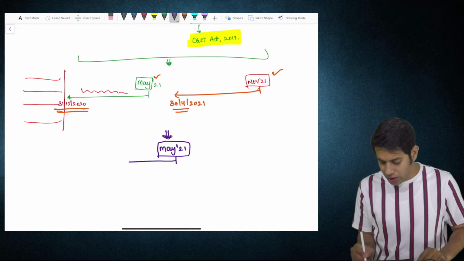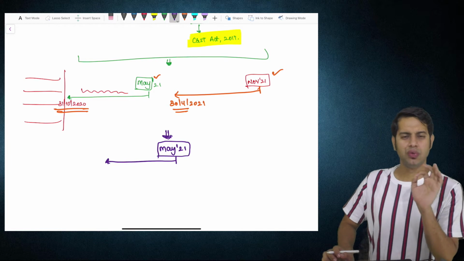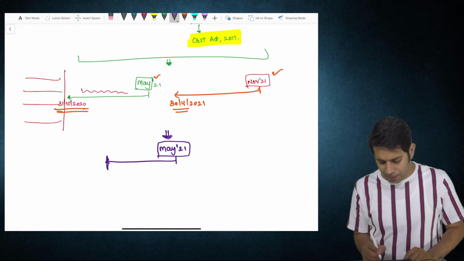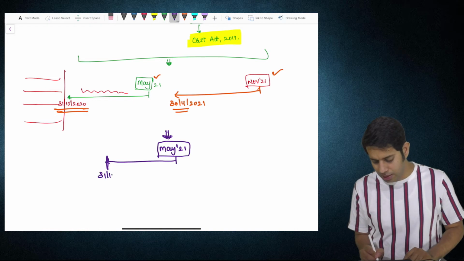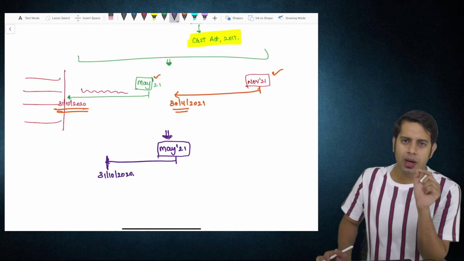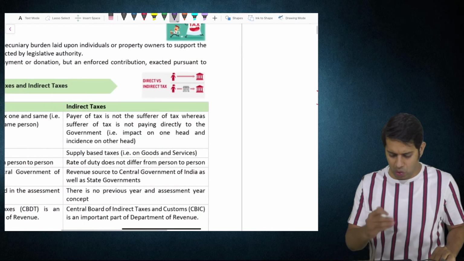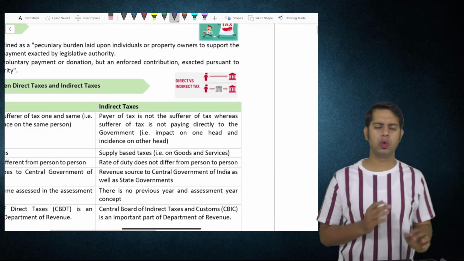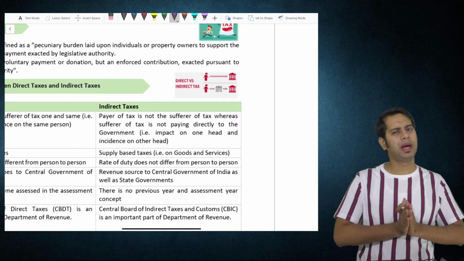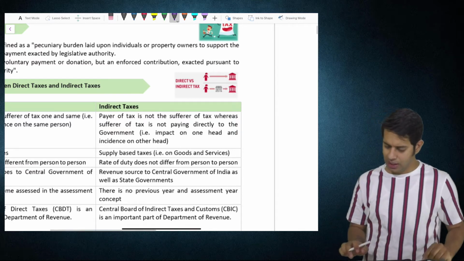Because all the amendments, as on the date of recording this class, which were made by the government up to 31st of October 2020 are included. So the material which you are going to get is the amended material which will consist of all the changes which were made by the government as on 31st October 2020.